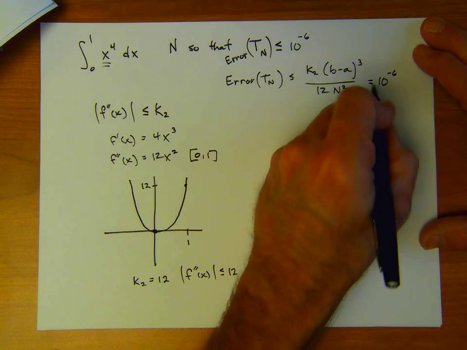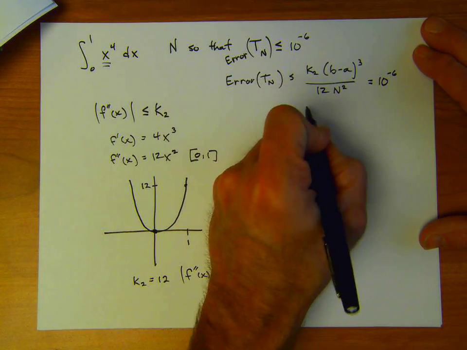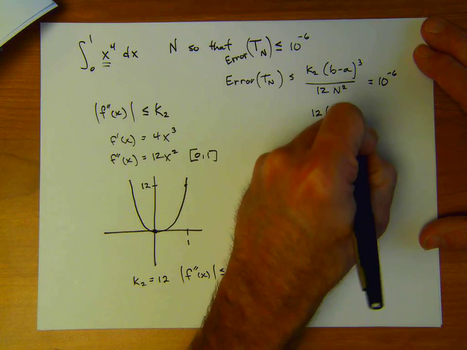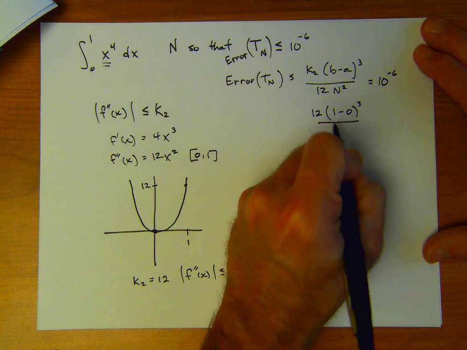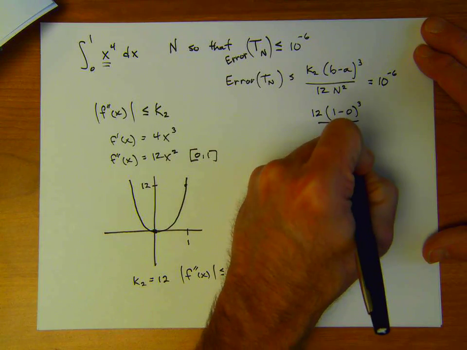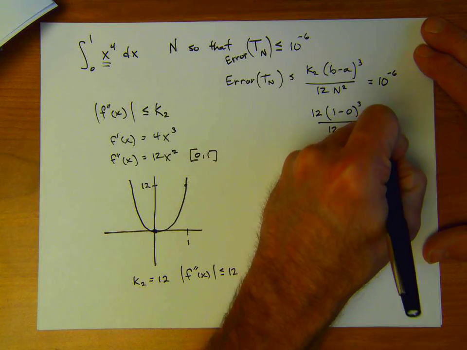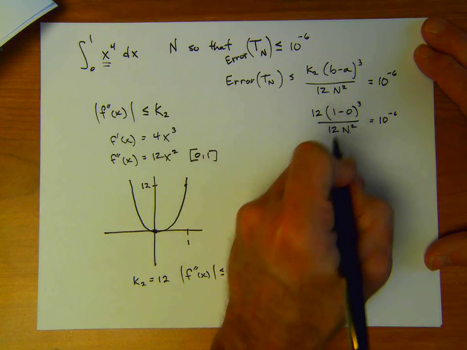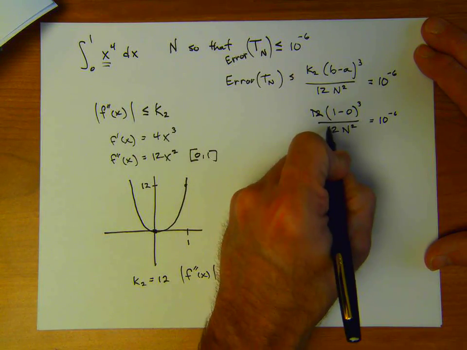So let's take a look here now, filling in what we know. We have 12 times (b minus a), that's just 1 minus 0, cubed, over 12n squared, and we want that to be equal to 10 to the negative 6th. Well, the 12s we can just divide out.